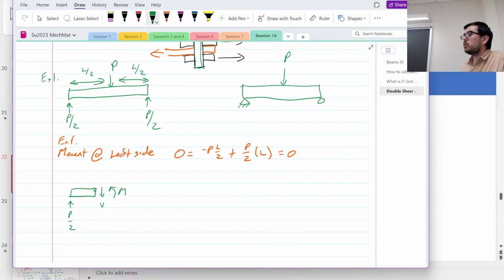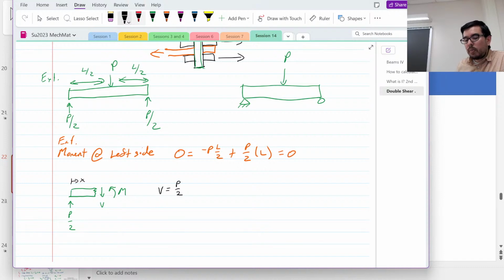Those are the internals, right? So in this case, we would say that we're moving across with some X. For all values, that shear force V is just equal to P/2.